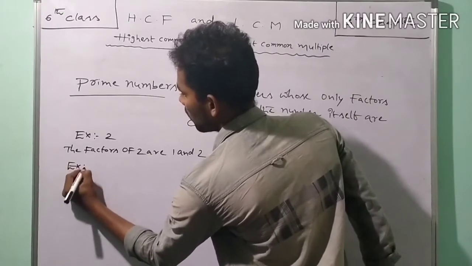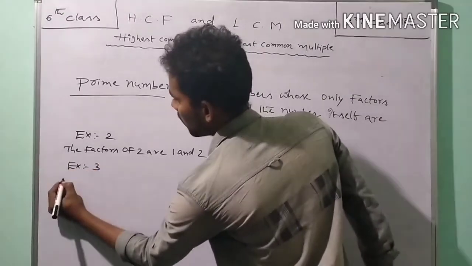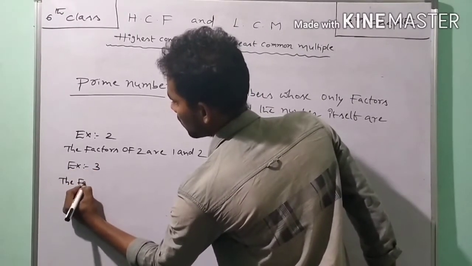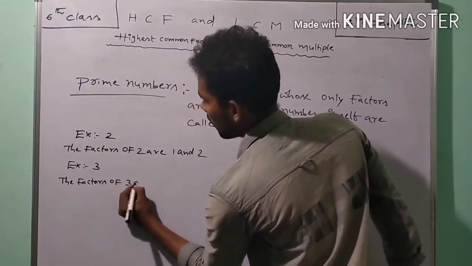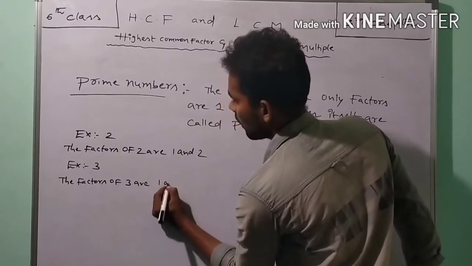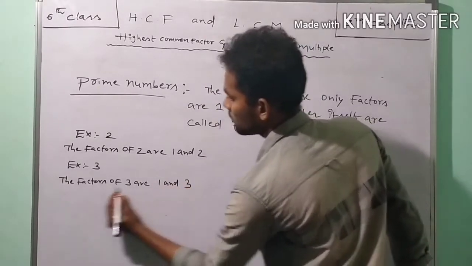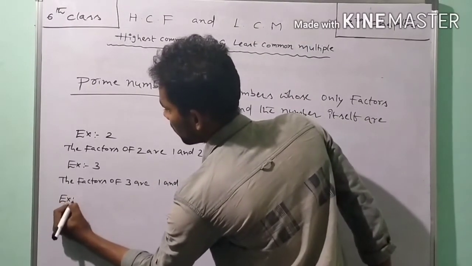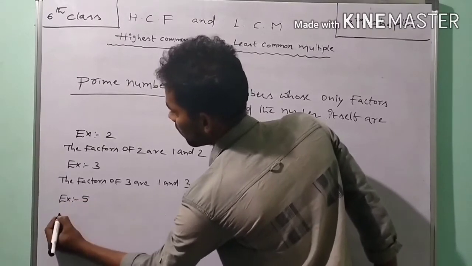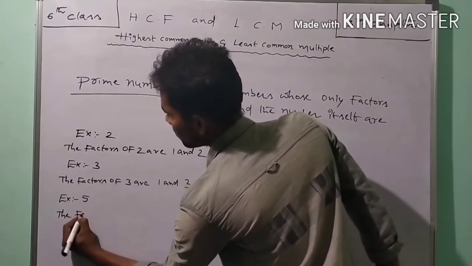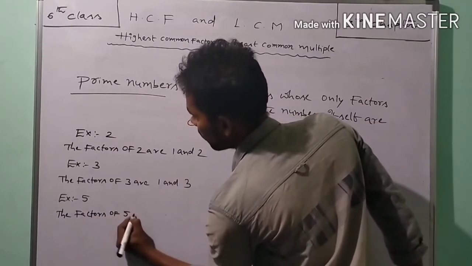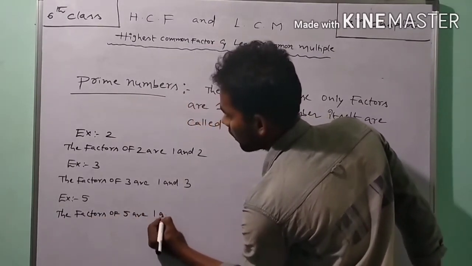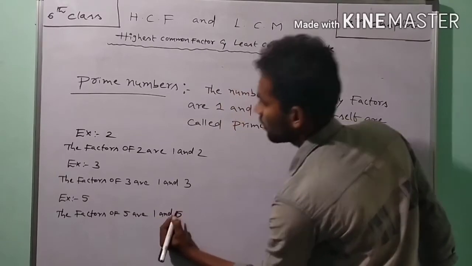Another example, 3. The factors of 3 are 1 and 3. Another example, 5. The factors of 5 are 1 and 5.